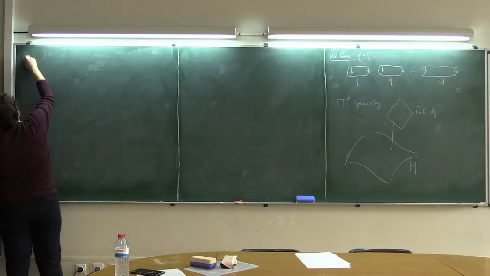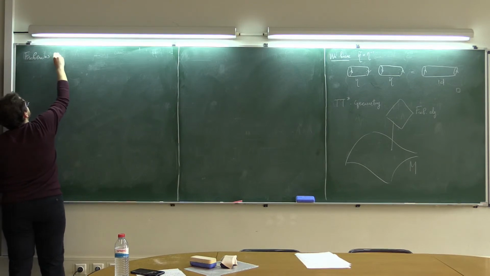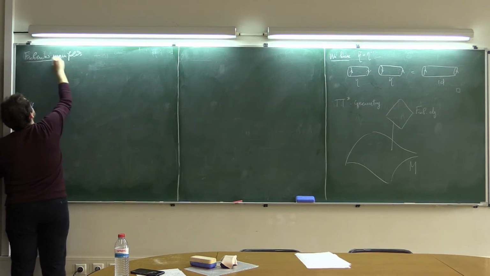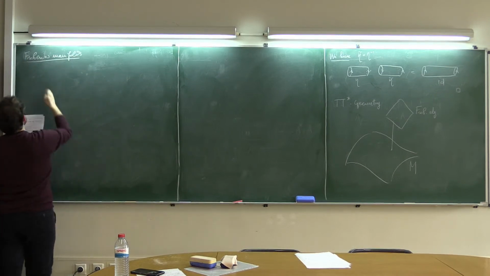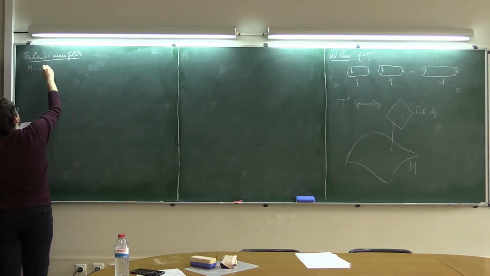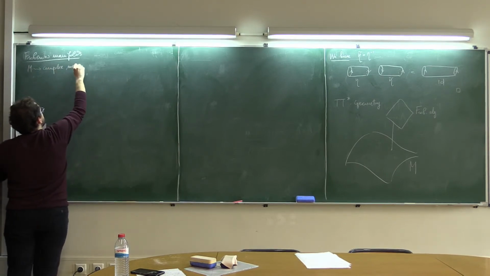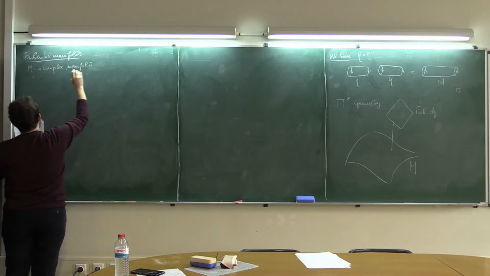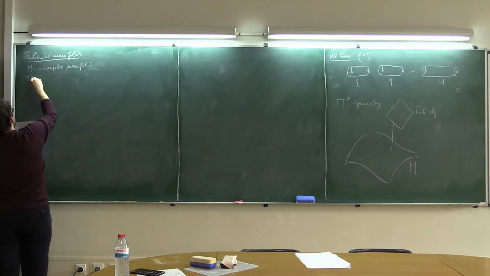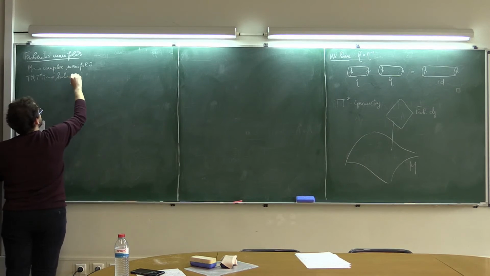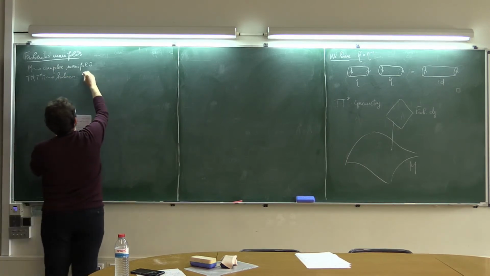So, in what follows, M will be a complex manifold, and TM and T star M will be the holomorphic tangent and cotangent bundles.